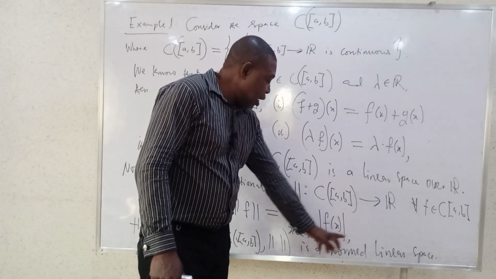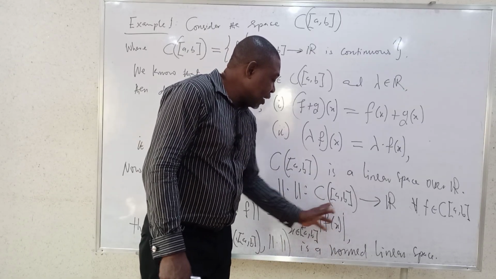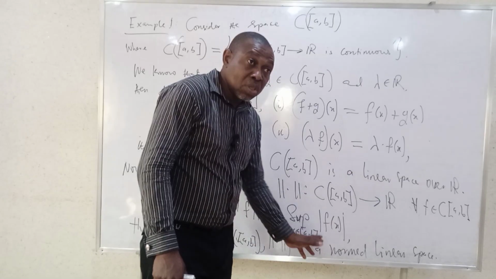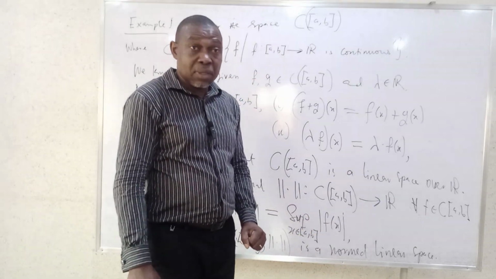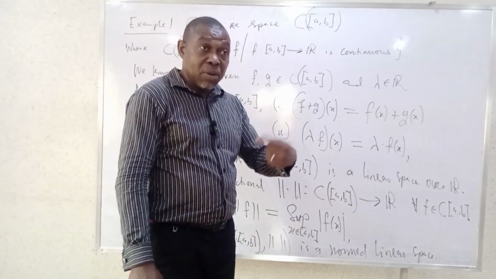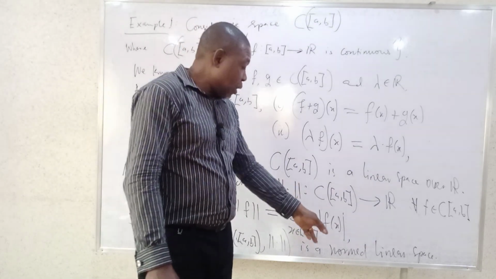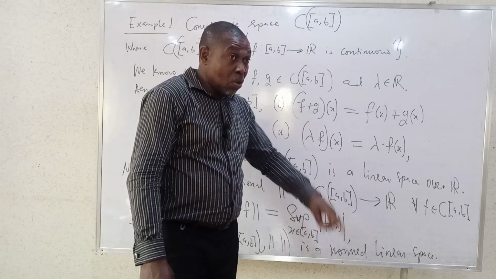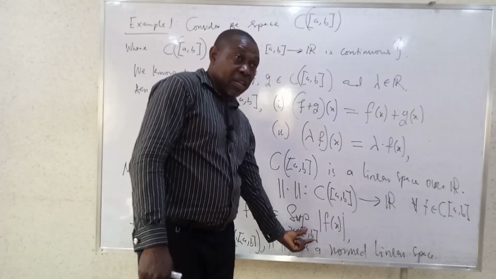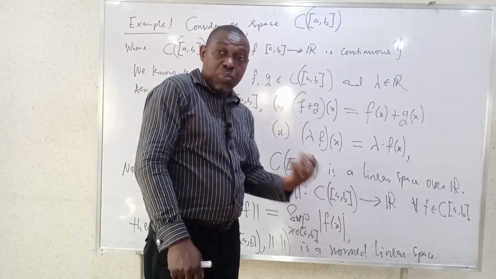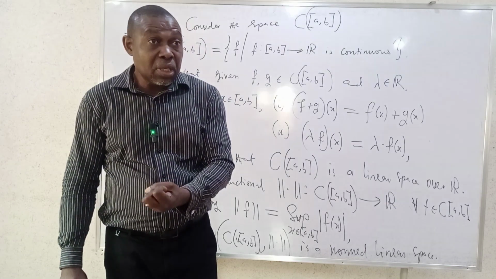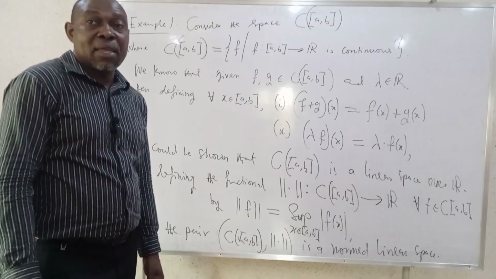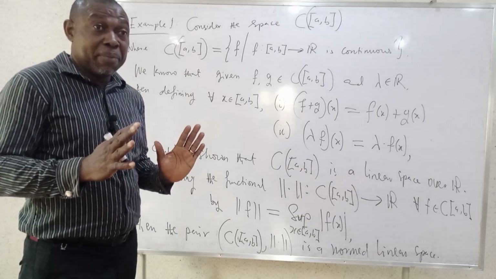So what is playing out here is a composition of two continuous functions, the absolute value function composed with f, on the interval [a,b]. And the composition of two continuous functions is what? Continuous. I hope you're following me.